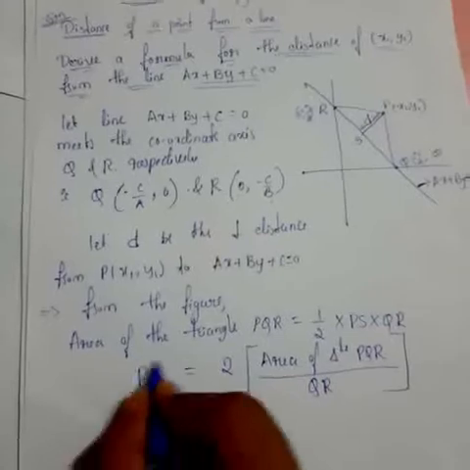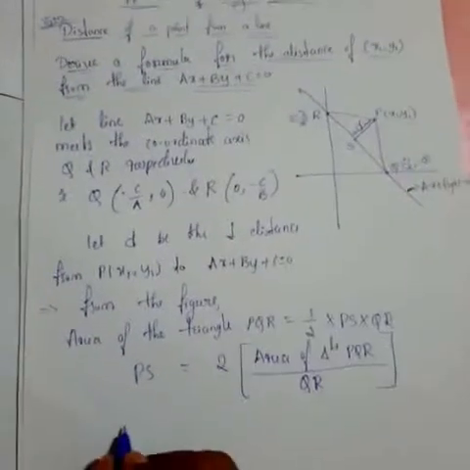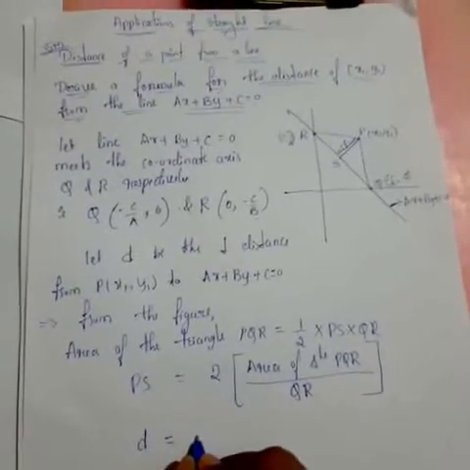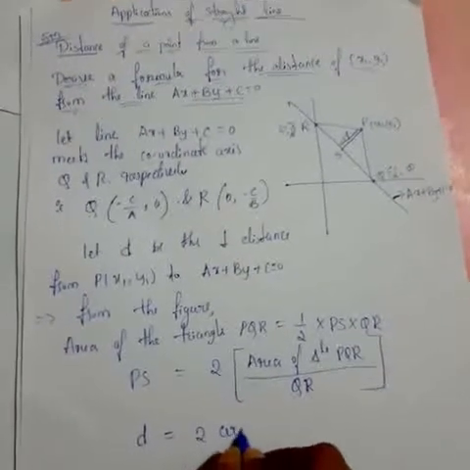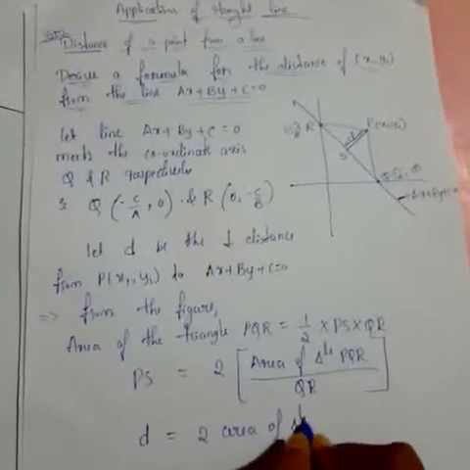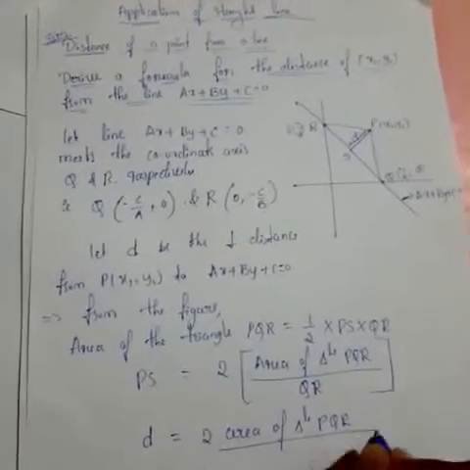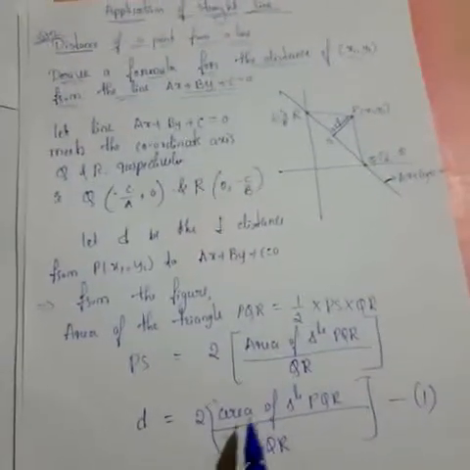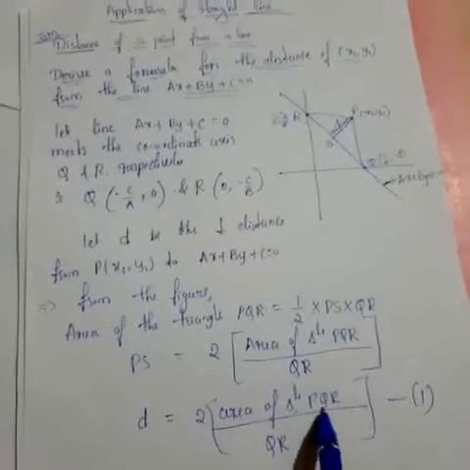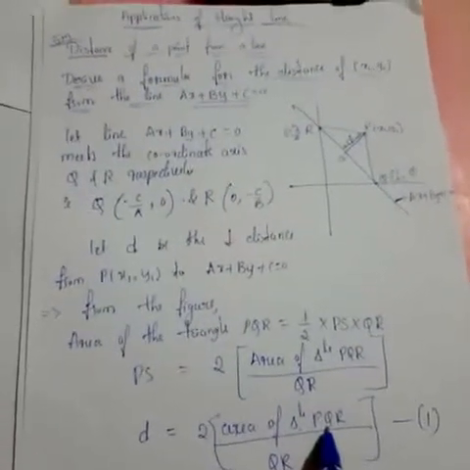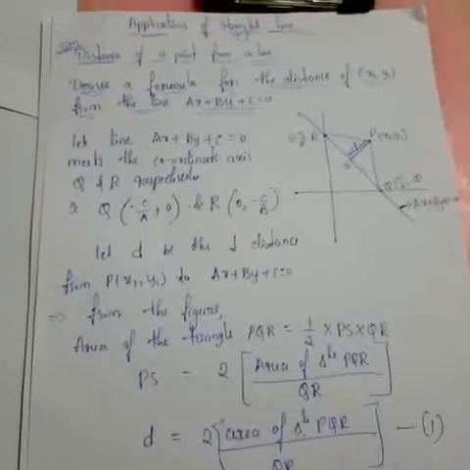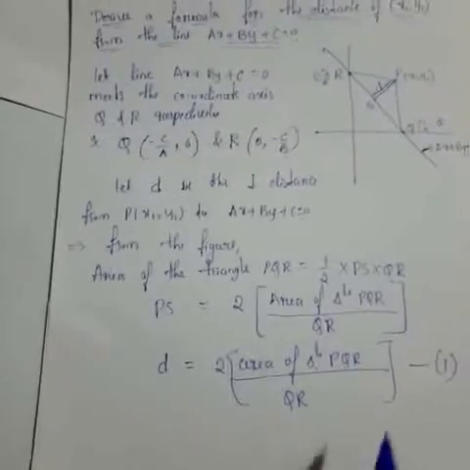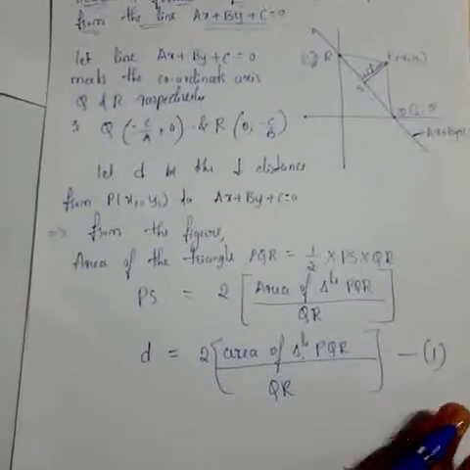PS is nothing but small d here from this figure. d is equal to 2 times the area of triangle PQR divided by QR. This is your equation number 1. First we have to find the area of triangle PQR using the determinant method, which I dictated in your offline classes.